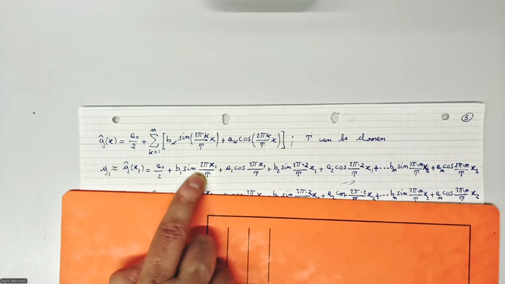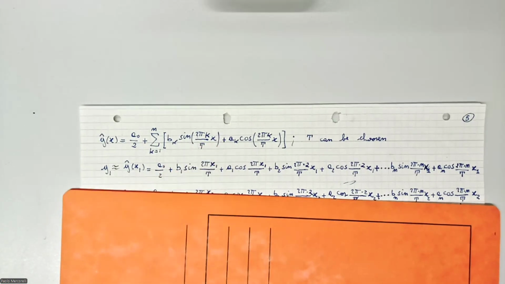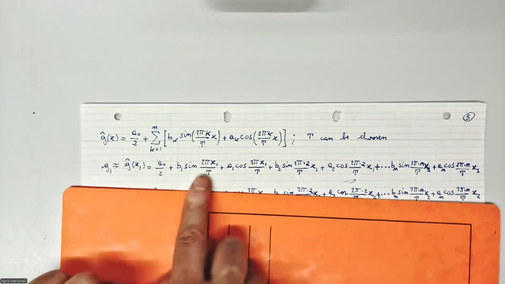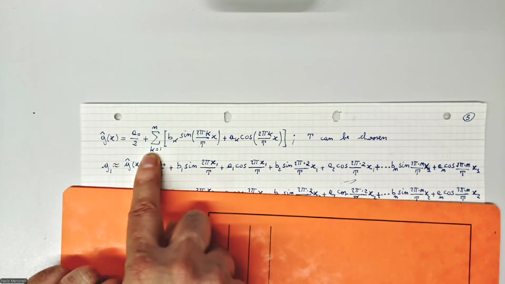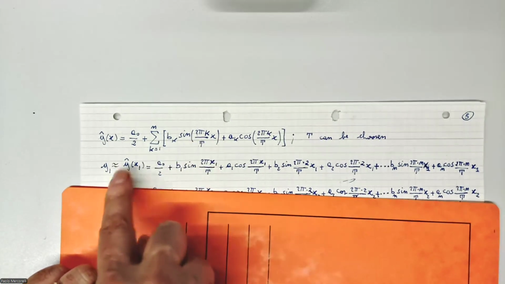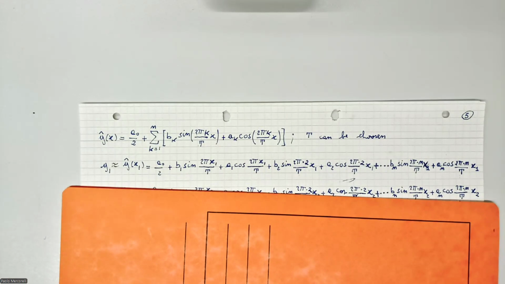Why this? Because I am considering this element here at, let me say, k equal 1, explicitly at point x1. I calculate basically this expression here at point x1, starting from k equal 1, going ahead k equal 2 until k equal n.